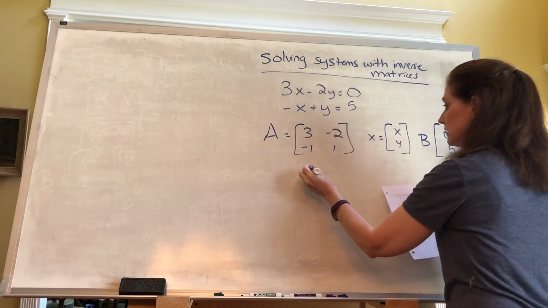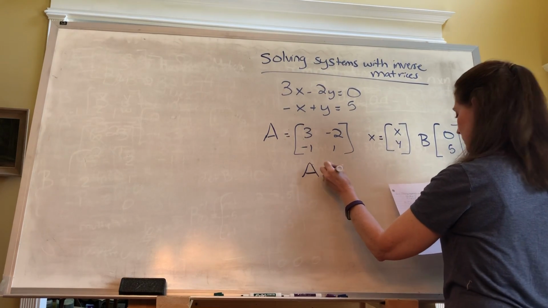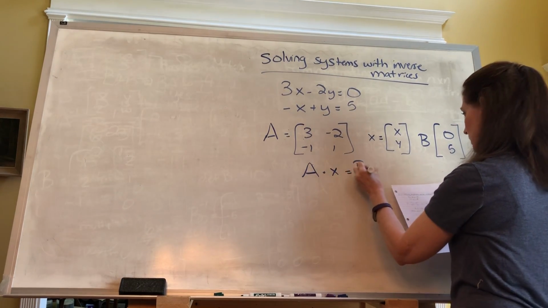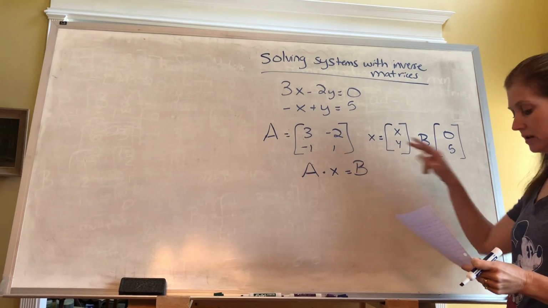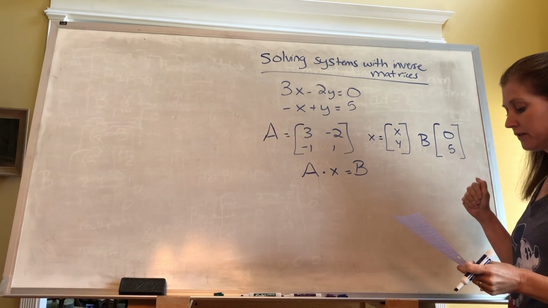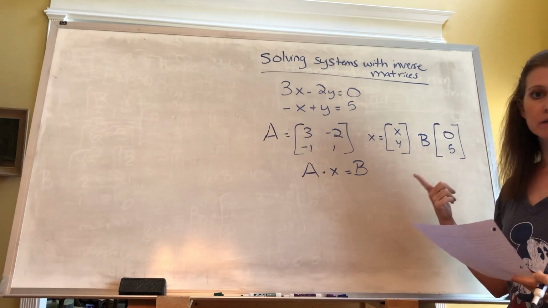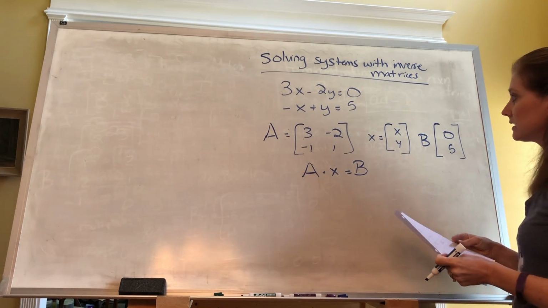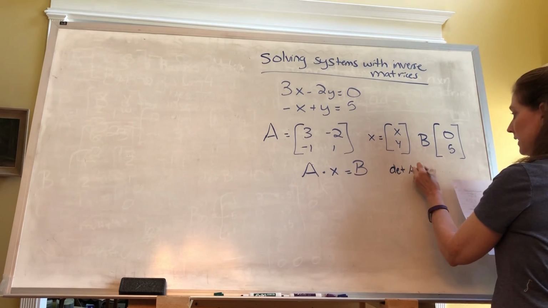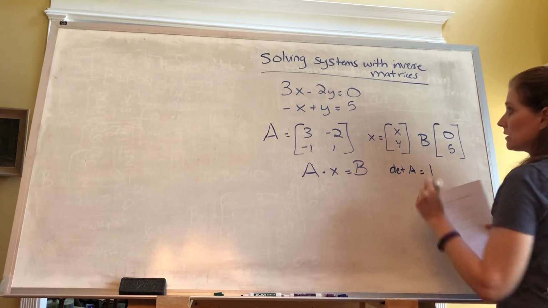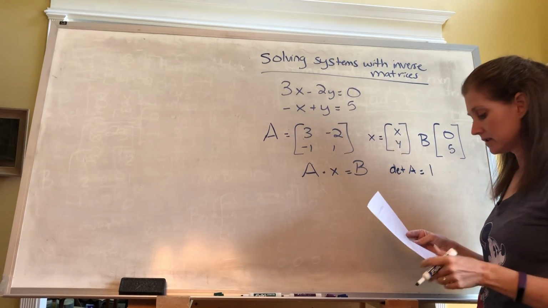Alright, so we're basically saying that A times x equals B. First thing we want to do is check the determinant of A and make sure that the inverse exists. So we check the determinant. That is going to come out to be 1, so we know that the inverse does exist.